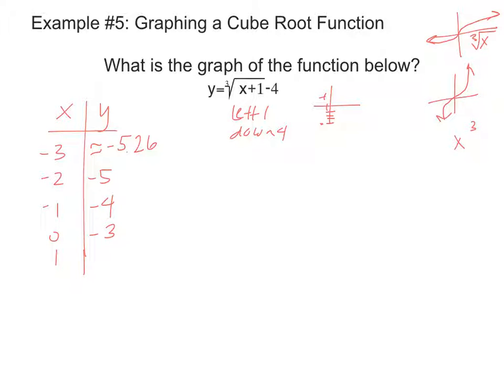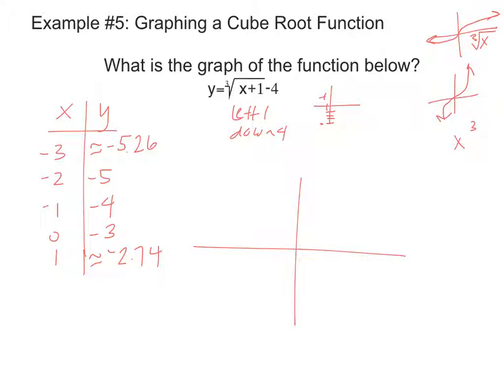And then this one isn't all that great. The cube root of 2, and then -4 is going to be about -2.74.